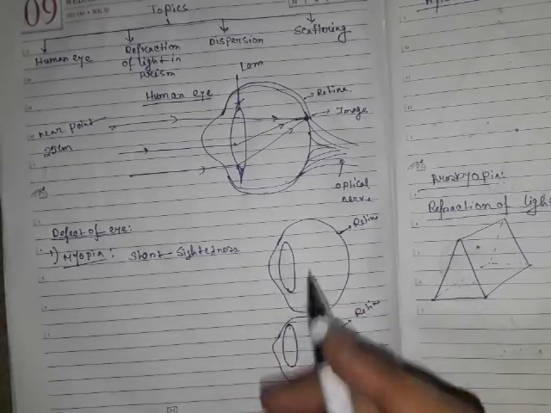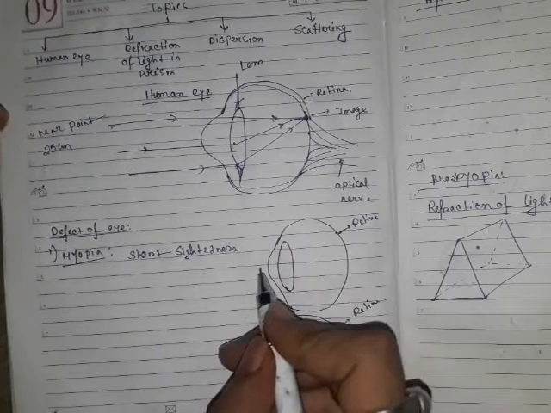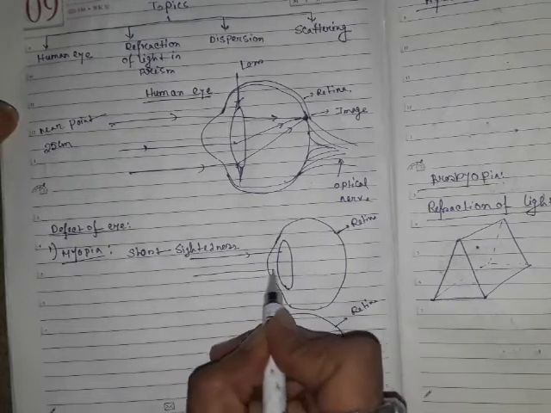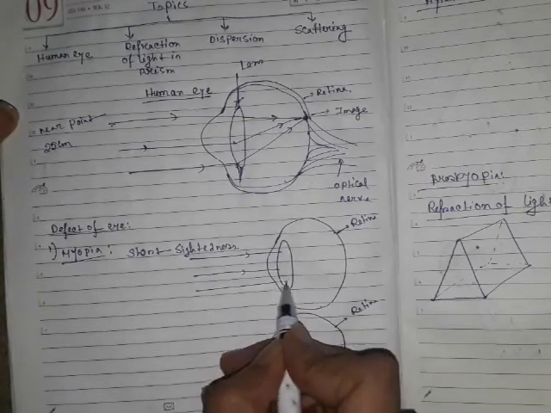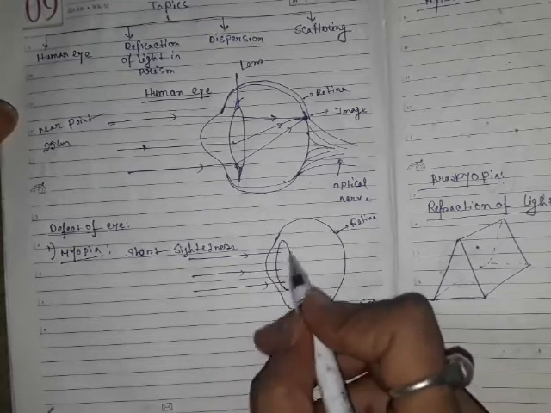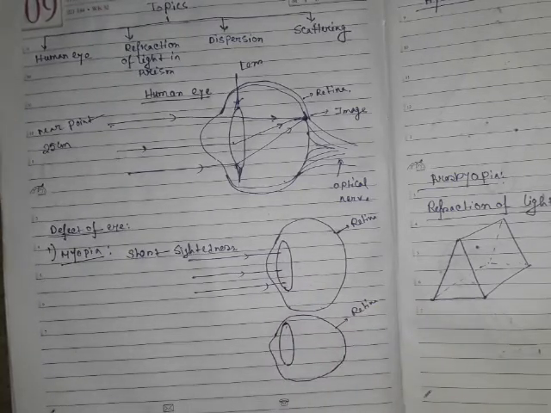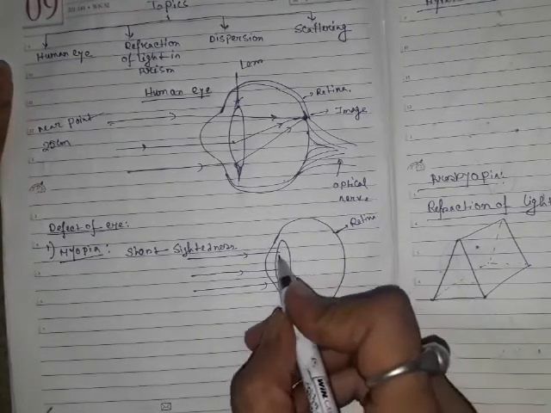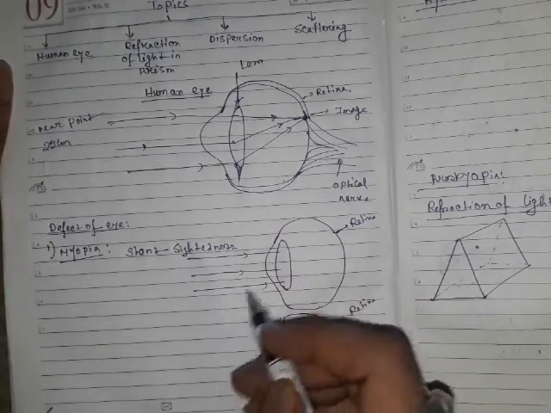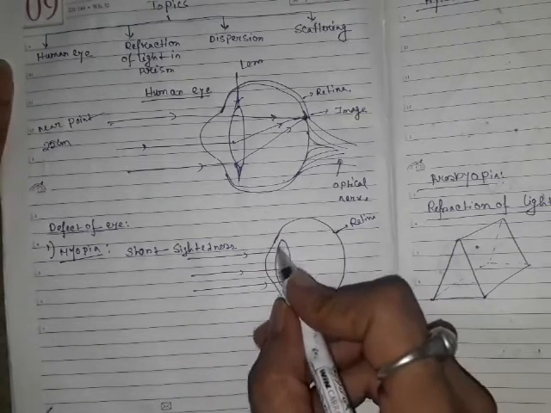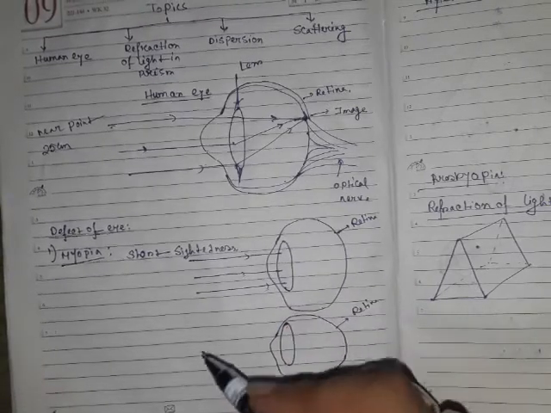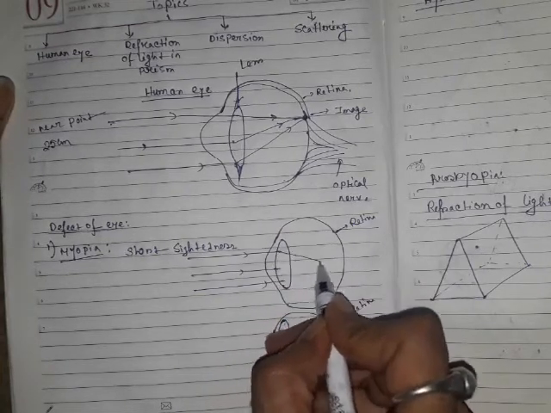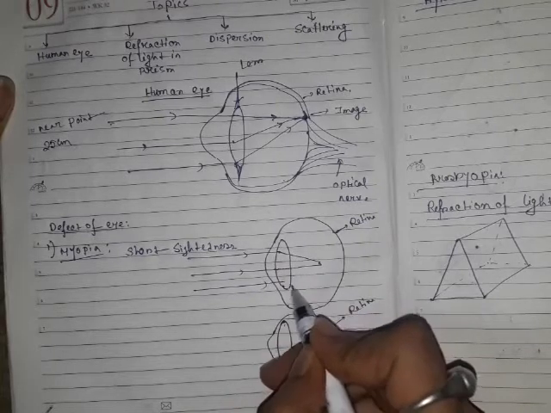Let me draw a simple diagram. When we are talking about a distant object, the rays coming from that object are mainly parallel. The eye lens is a convex, or converging, lens, so it has the property to converge the parallel rays. In myopia, there is a change in the lens of our eyes such that it focuses these rays very close to it.